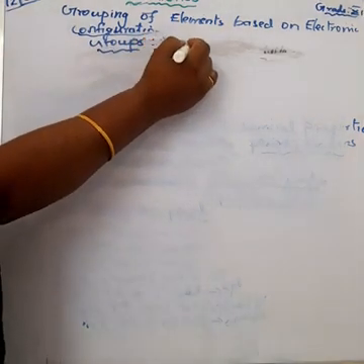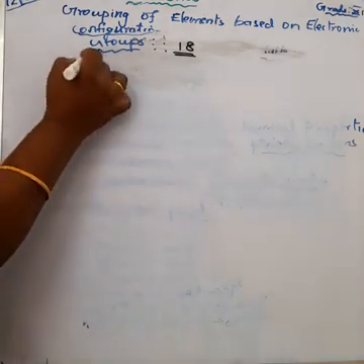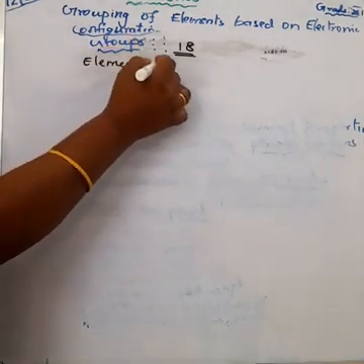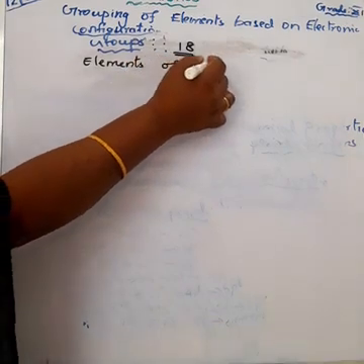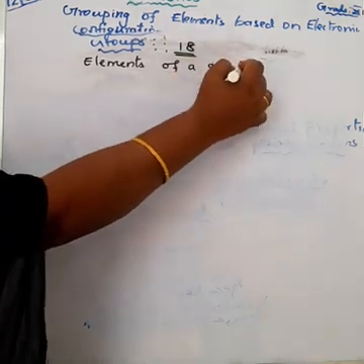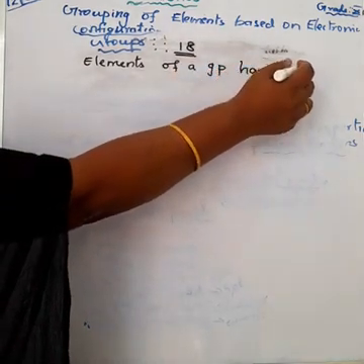Okay, the elements of a group have similar electronic configuration in their outer shell. Listen here. Elements of the same group have similar electronic configuration in their outer shell. Okay.